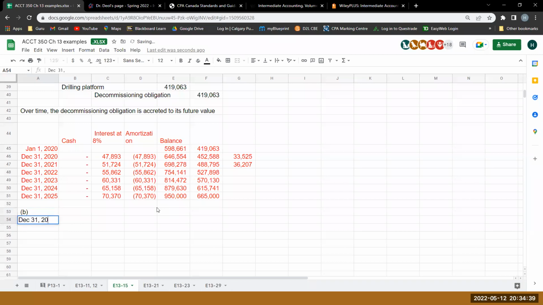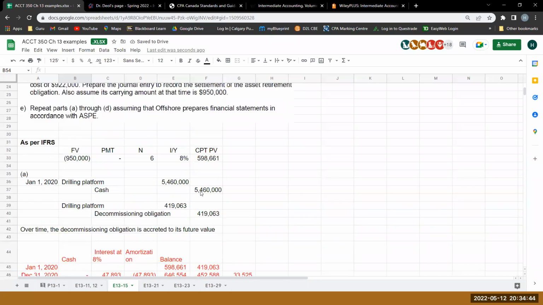December 31st, 2020. Now, for the asset, we had originally recorded the asset for a total cost of 5,460,000, and then we had added 419,000 and change to the cost of the drilling platform. So the total cost of the drilling platform that we recorded is 5,460,000 plus the 419,063.